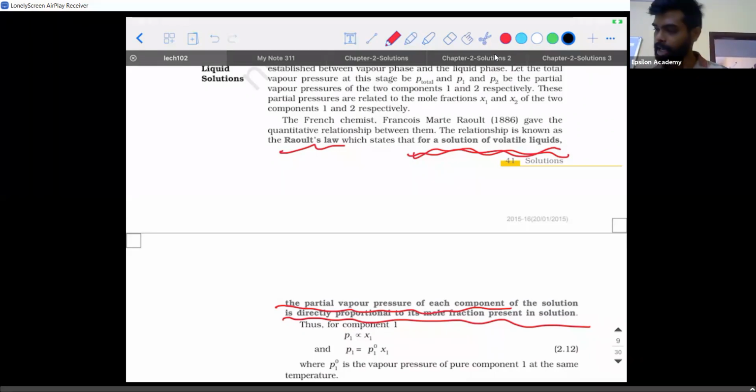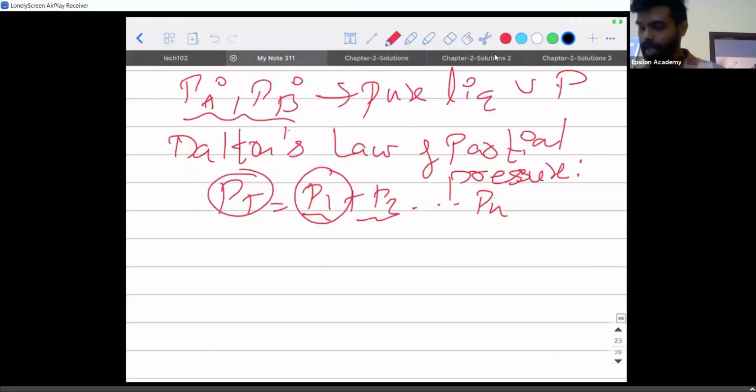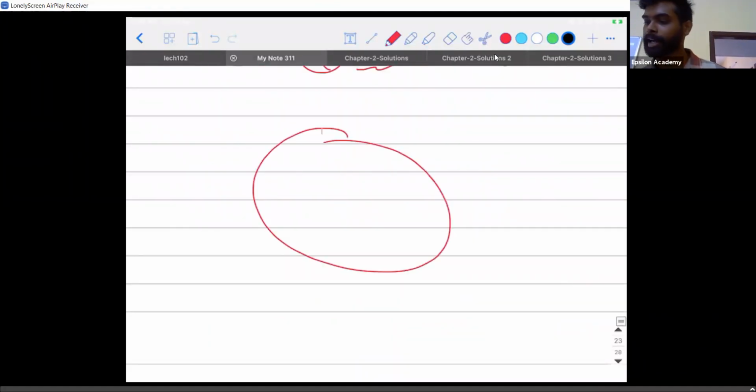Now say I go to my notes. I'll have this space here. Assume that I have some A, B, C, D, all these gases present. What do you mean by this PA?